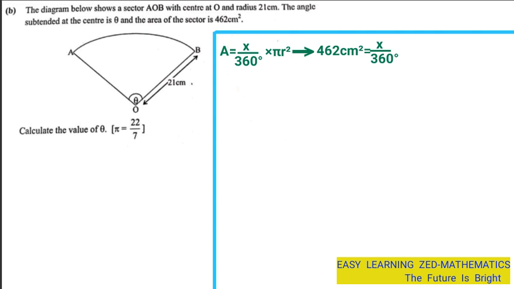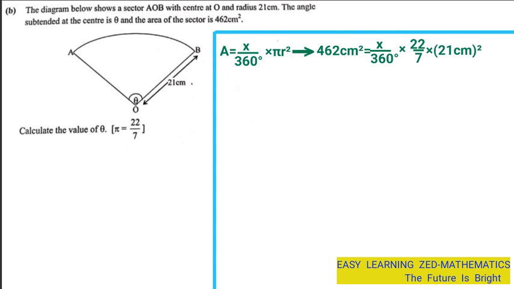Now you can see that the radius is raised to the power of 2, and in the diagram and in the statement, we are given that the radius is equal to 21 centimeter. First let me put the value of pi, which is 22/7. Then we're going to multiply by the radius, which is 21 centimeter squared.